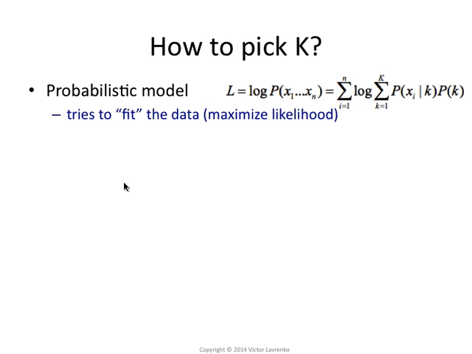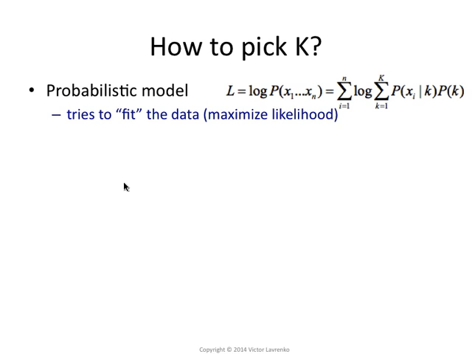When you're doing mixture models, you are in the probabilistic space, so you know what you're doing. You're trying to minimize a certain quantity, and specifically what you're doing is you're maximizing the likelihood of the data under the mixture model that you've created. So your mixture model has k components, and each one of those components assigns a probability to each of the points xi, right?